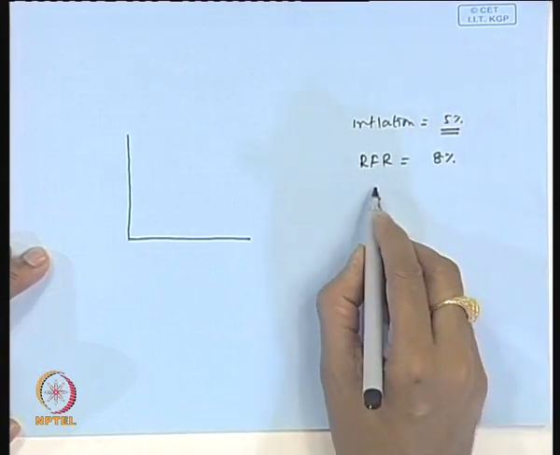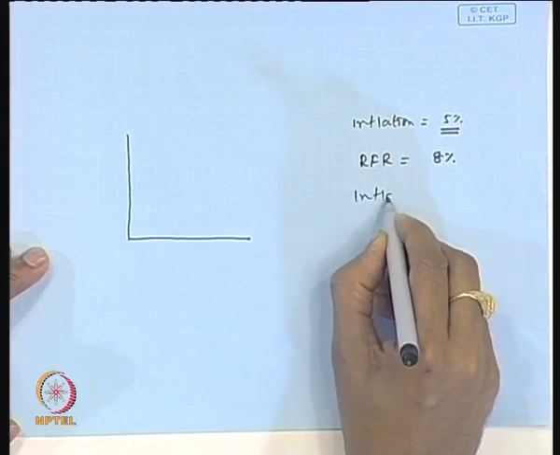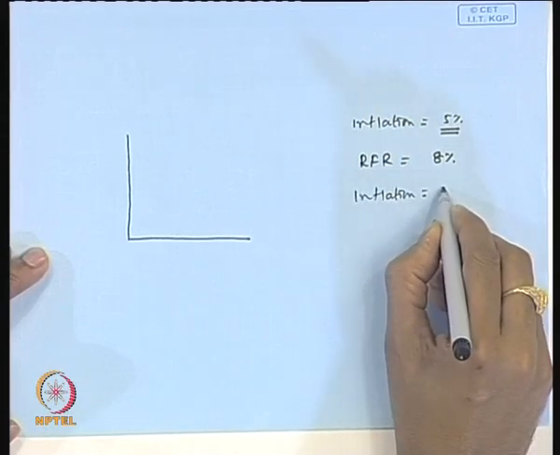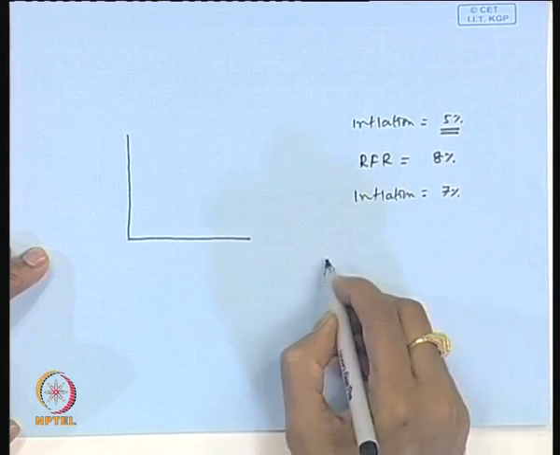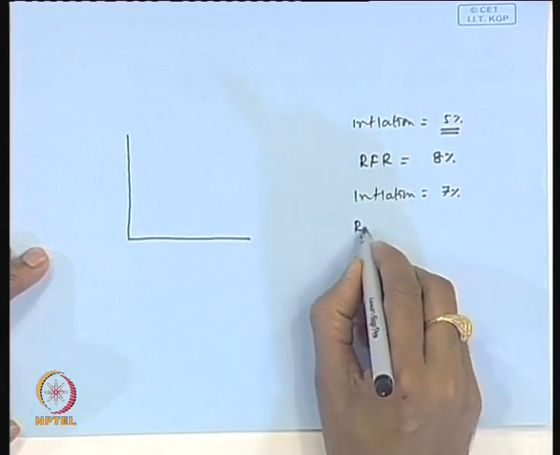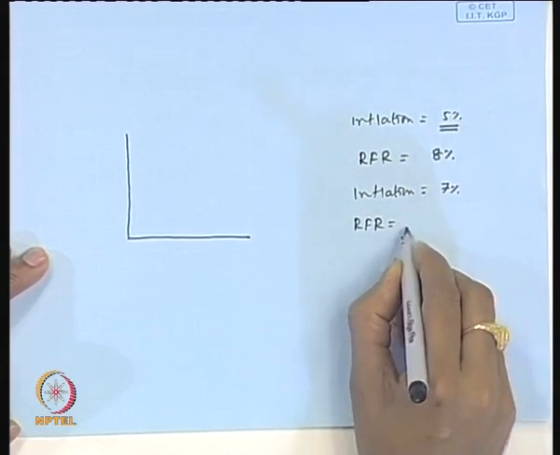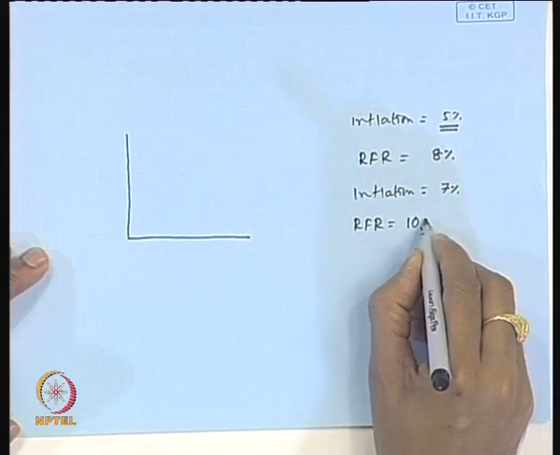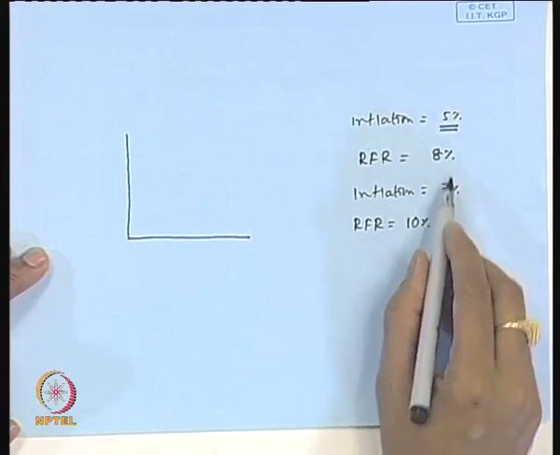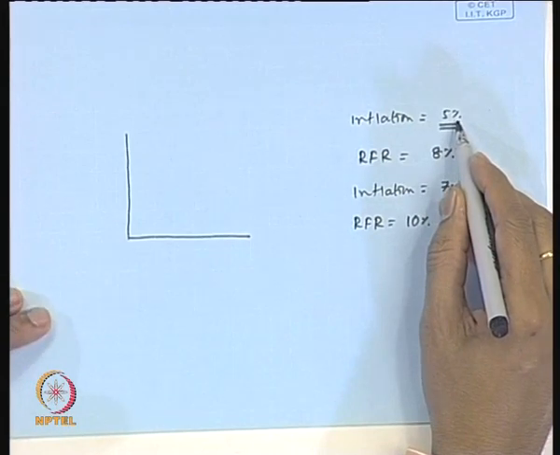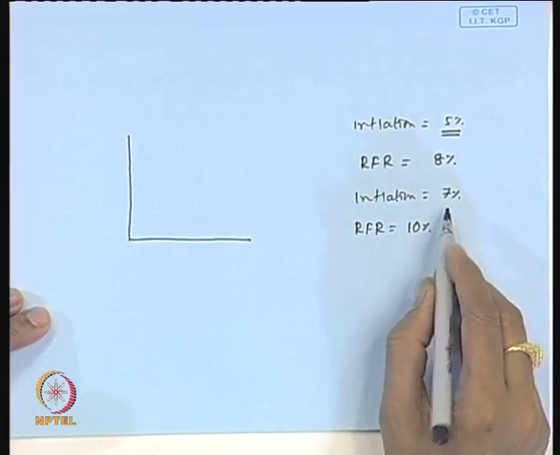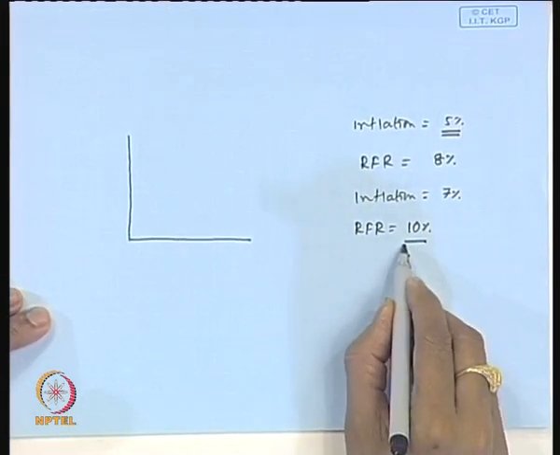For whatever reason the inflation has either gone up or gone down, let us say inflation has now become 7%. So, quite naturally my RFR will now move up from 8% to at least 10%. With a simple addition of the 2% difference between the earlier inflation and inflation now, 2% plus 8% becomes 10%.